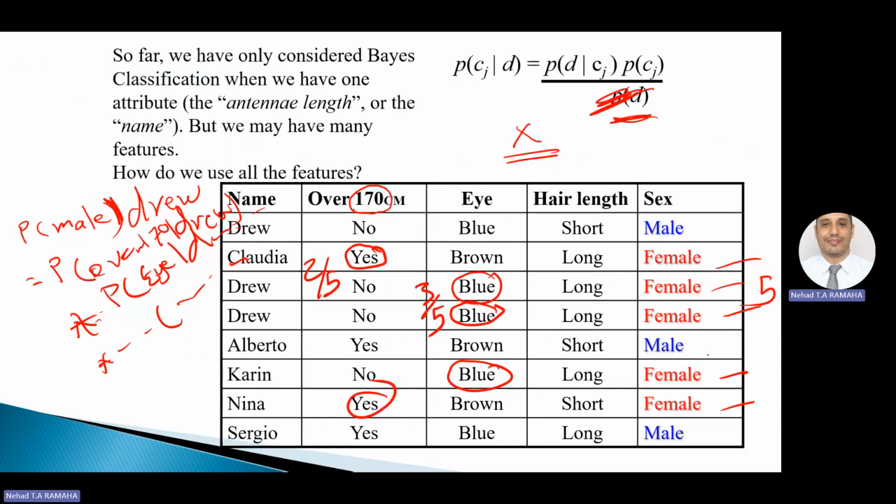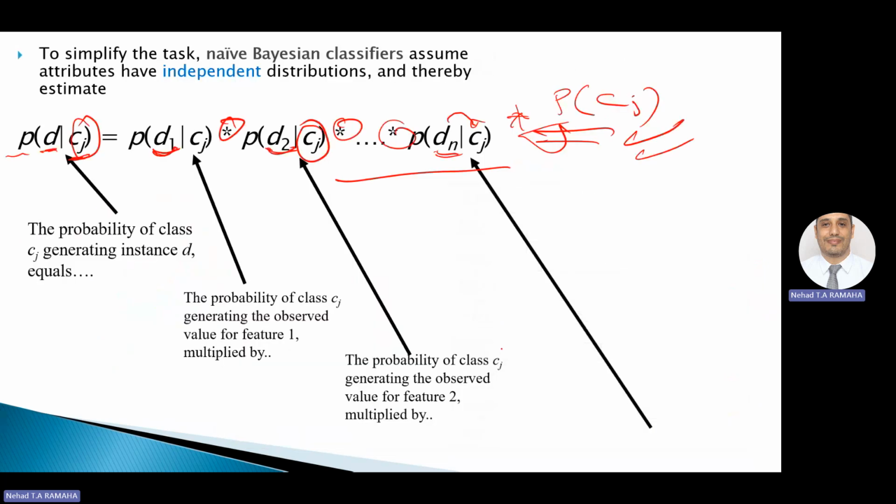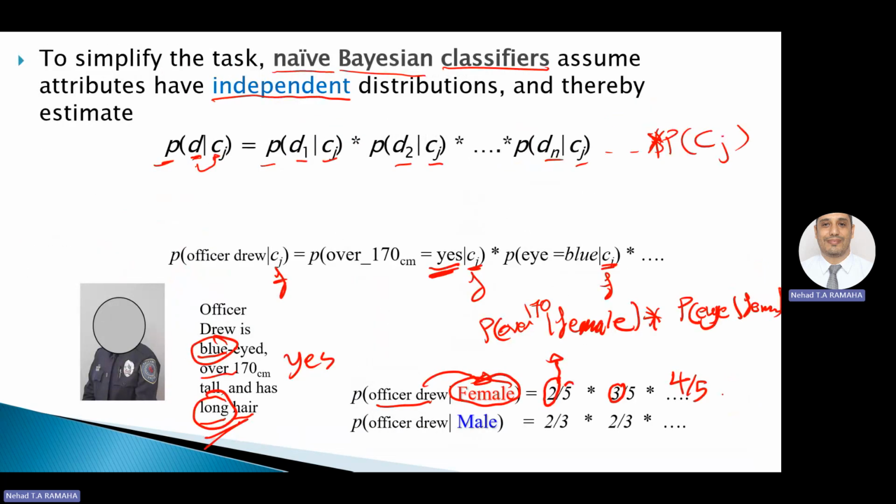So female 5, long hair 1, 2, 3, 4 out of 5. So we multiply the probability, multiply by 4 over 5, multiply by the probability of female itself, which is 5.